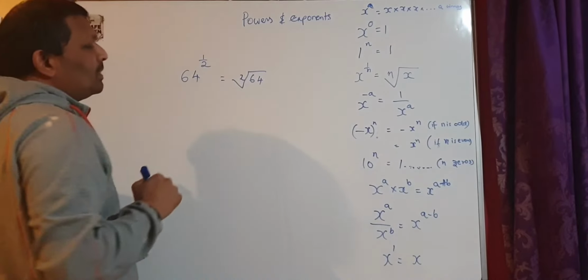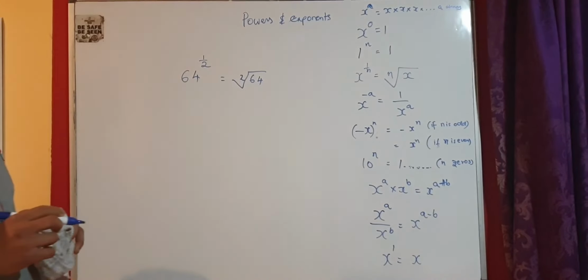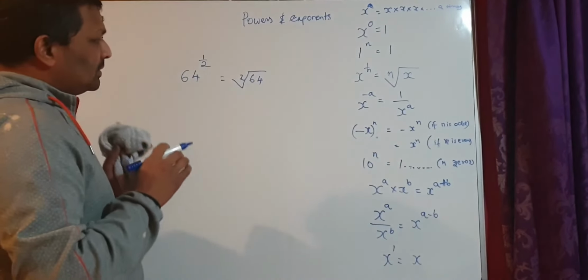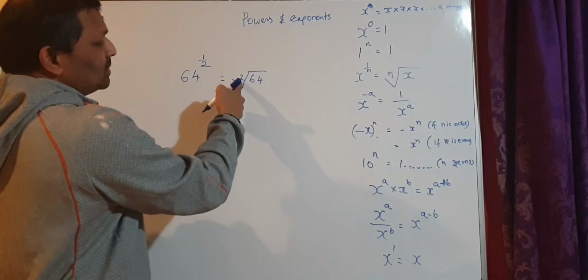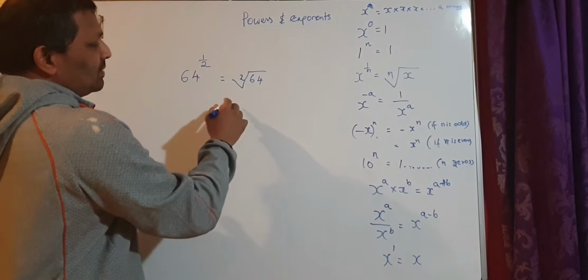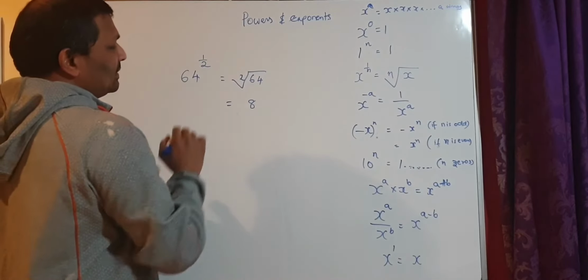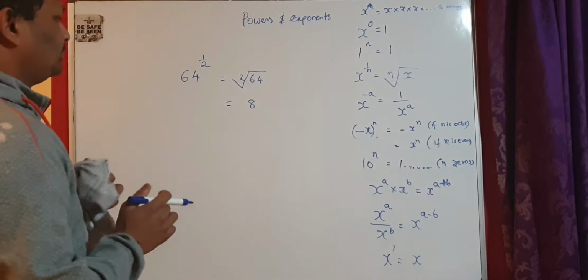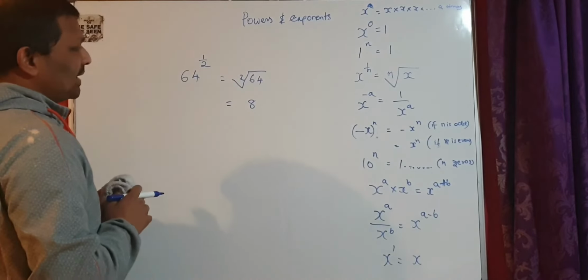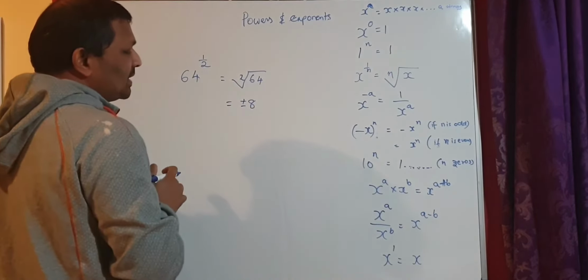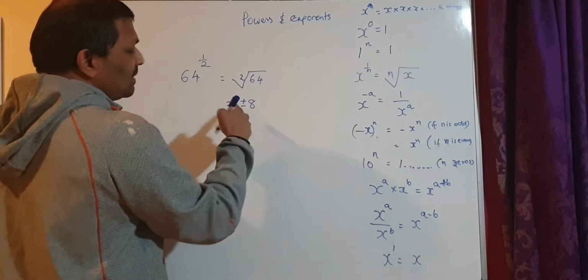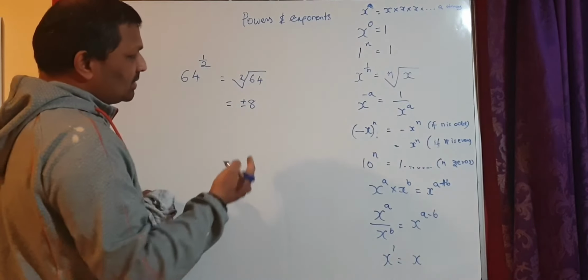The way it should be calculated is you find the number that, when you multiply it by itself 2 times, gives 64. In this case, the answer is 8. In fact, it is plus or minus 8, because if you multiply plus 8 by itself, plus 8 into plus 8, you get 64.